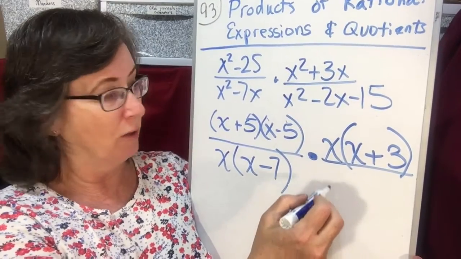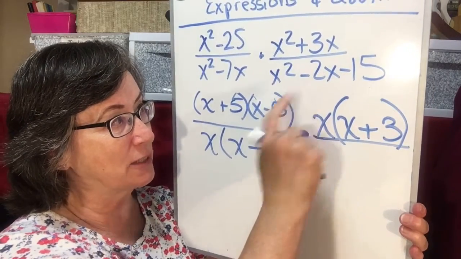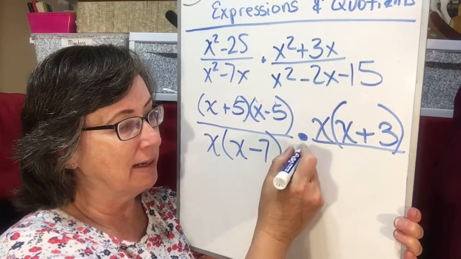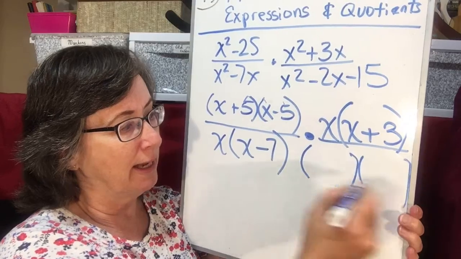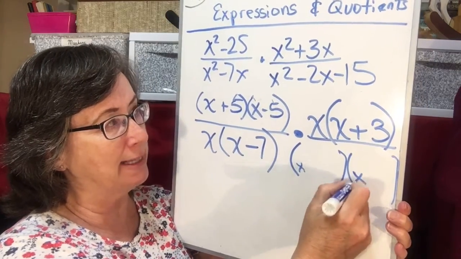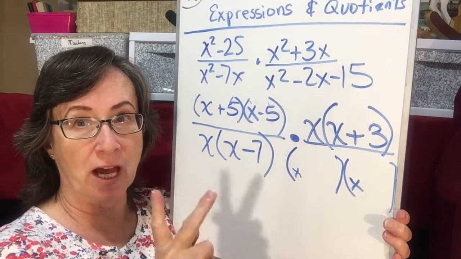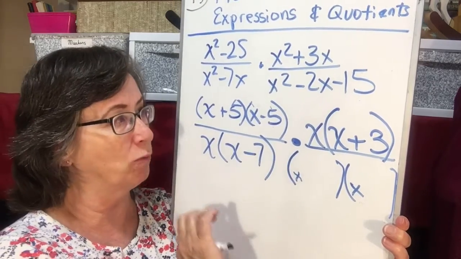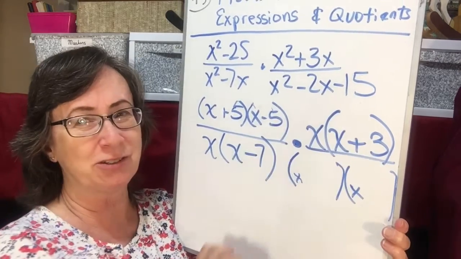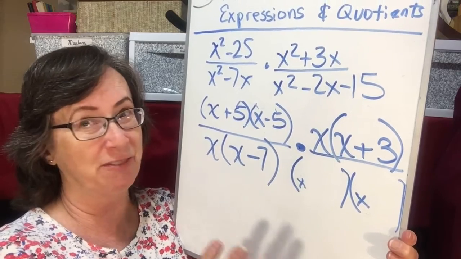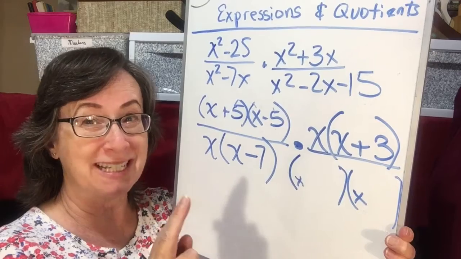And then we're going to do the last one. The last factor is this one down here. And remember, because it's an x squared on the front, it's going to wind up factoring with an x and an x, because that's a minus. It tells me that we have opposite signs. One's going to be positive and one's going to be negative. And I don't know where it's going to go. But then factors of 15 are going to be 15 and 1 or 5 and 3. And we're looking for a difference.